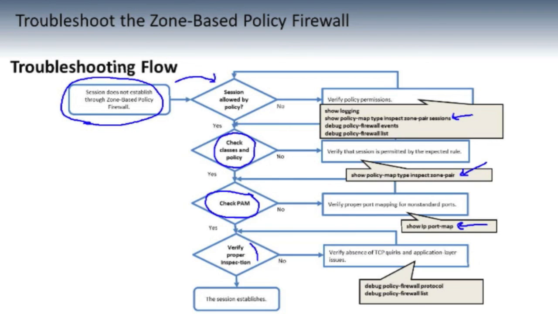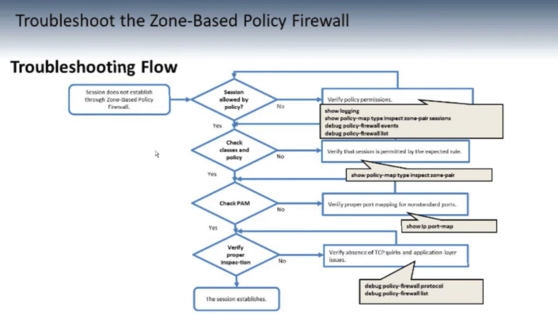And then finally, verify proper inspection. What we might want to do now is debug. Debug policy-firewall protocol and debug policy-firewall list are two excellent commands that we can use to deep dive into the actual inspection routines that the zone-based policy firewall is engaging in. Now, a word of caution here.